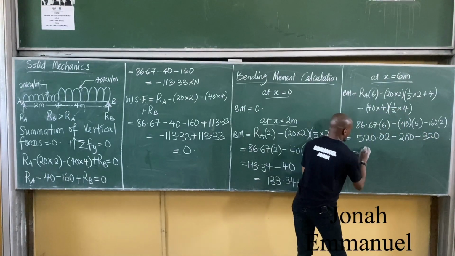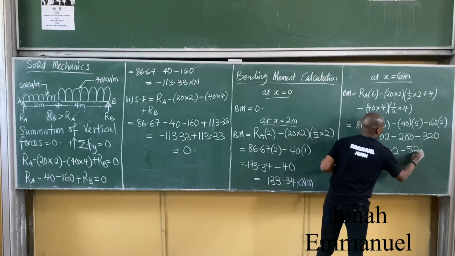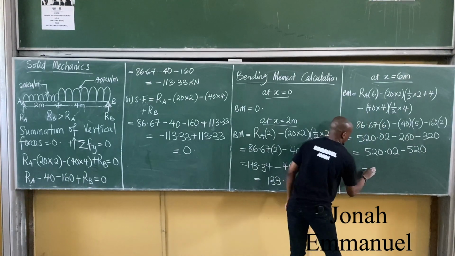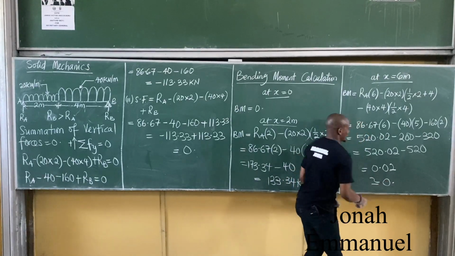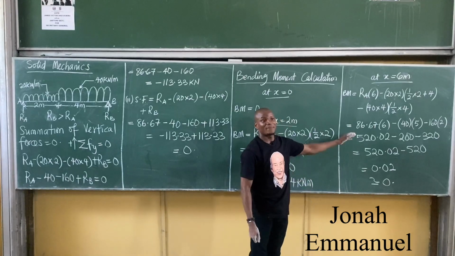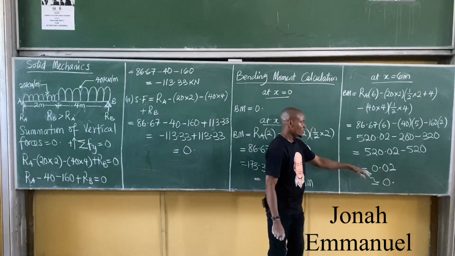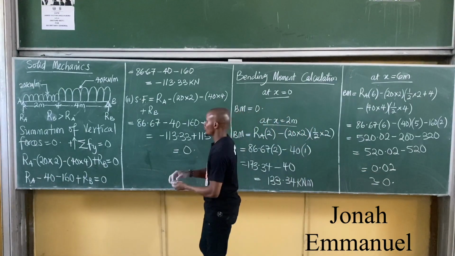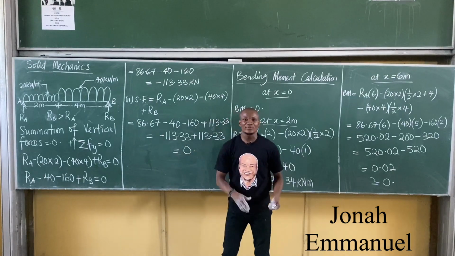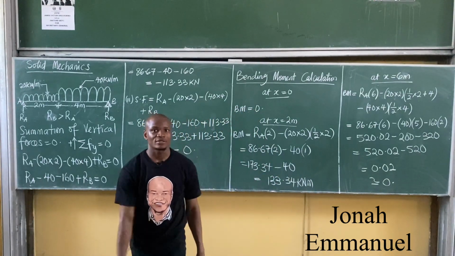This now gives you 520.02 minus 520. It is approximately 0. So I said when you're doing shear force and bend moment diagram, bend moment will start with 0 and give you 0. In a case like this, it happens when my reactions are in this amount, giving you something close to 0. So it's 0, approximately 0. That's it.